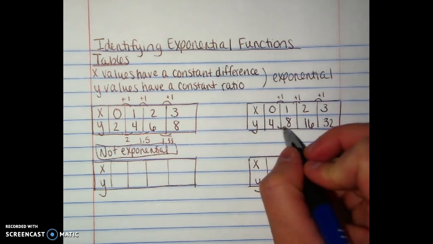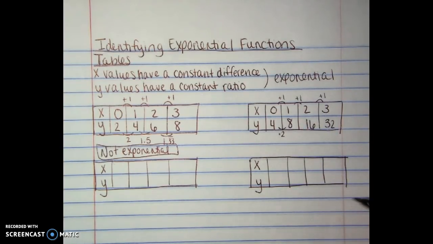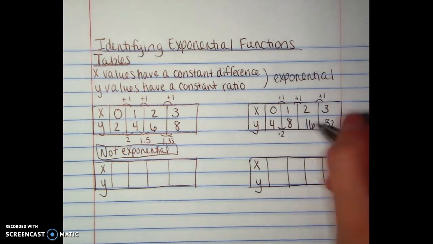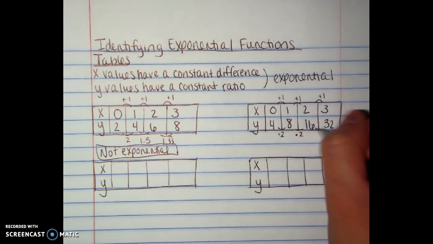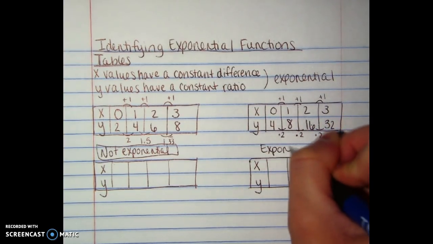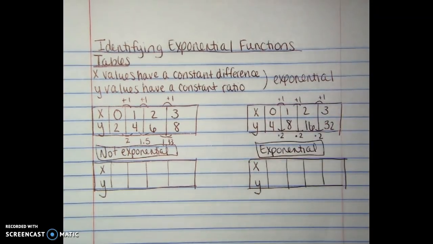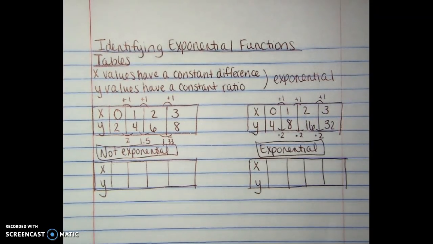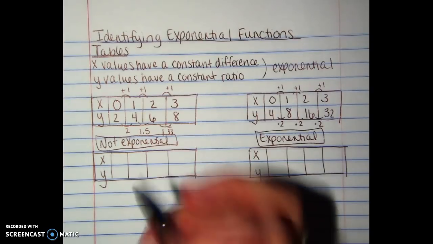Okay, over here, 8 divided by 4 is 2, so we're multiplying by 2 each time. 16 divided by 8 is 2. And 32 divided by 16 is 2. So this one does work, so this one is exponential. Two more, for this part at least.